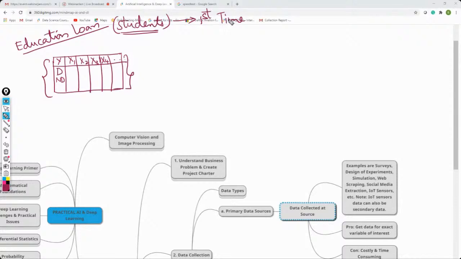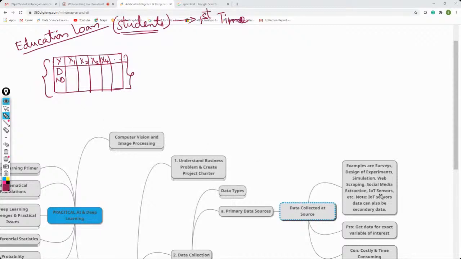So I have absolutely no credit history. I don't know their credit status. If there is a student who has already taken a loan, and if that student has repaid, then I understand that this student is worth going after. But here we don't have that information.